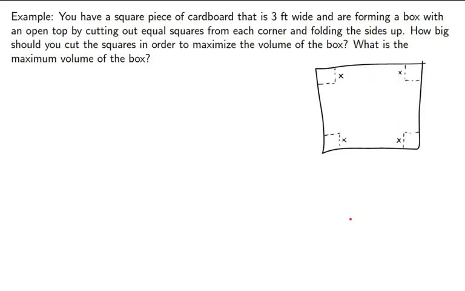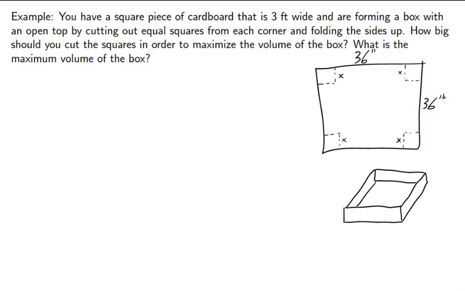When you do that, you should get your box looking something like this. This is your open box. Down here is the base of the box, and the top is just an open space with sides coming up to hold things. The square piece of cardboard is 3 feet wide. In this case, let's write that as 36 inches, because that'll come in handy for this problem.